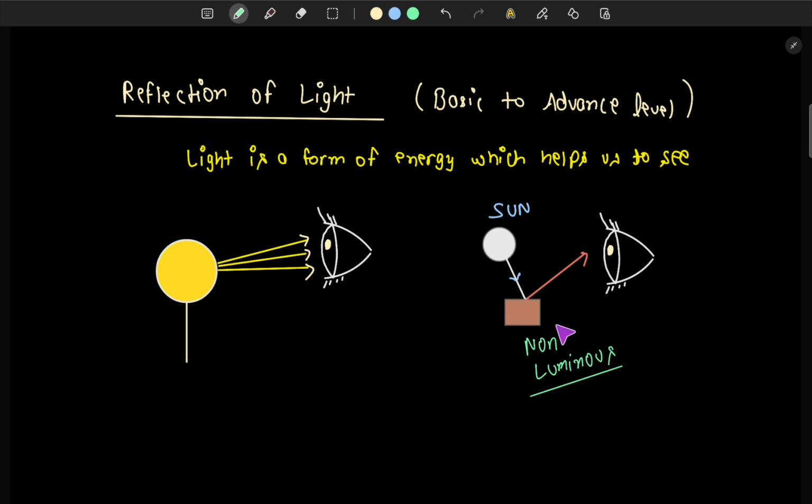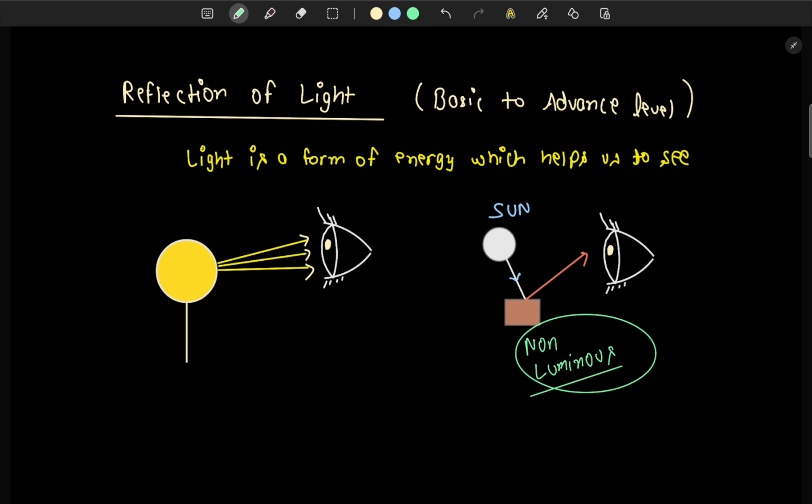So in this case, for non-luminous objects, we get help from some luminous object like the sun. So the sun emits its rays, and they strike these objects, and then bounce back and reach our eyes, and in that way we are able to see this object.